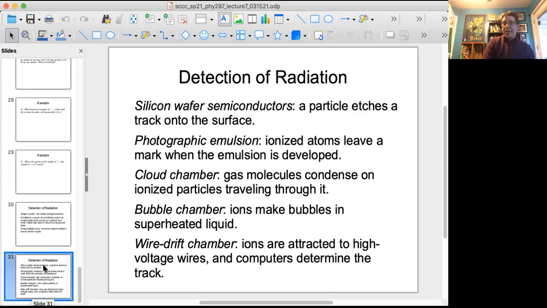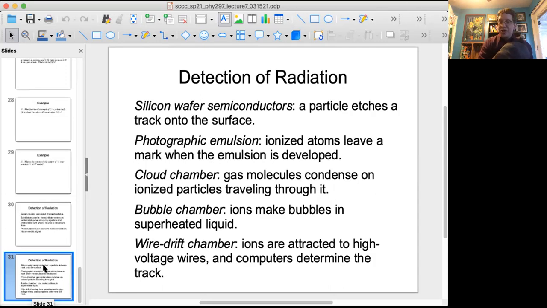With photographic emulsion, ionized atoms leave a mark when the emulsion is developed. So if they pass through, you can detect that. And again, you can detect the track. And so the same with cloud chambers. Gas molecules condense on ionized particles as they're going through it. Again, that's another way of figuring out the track of a particle.